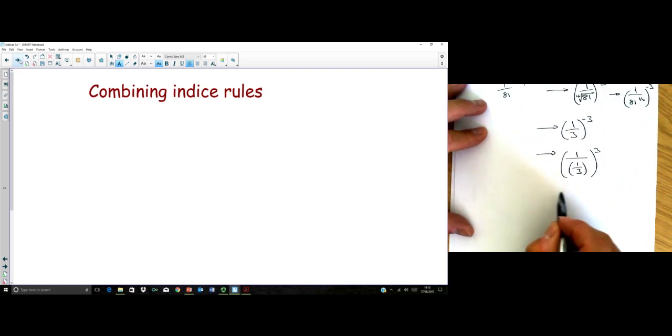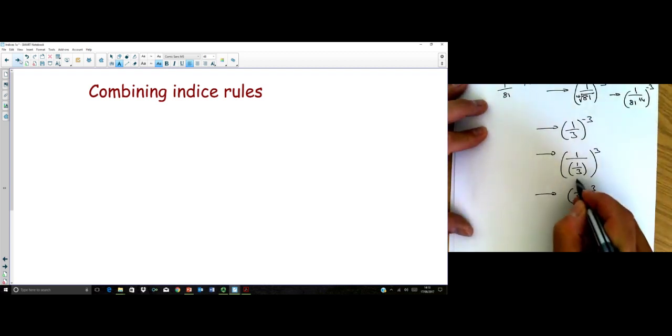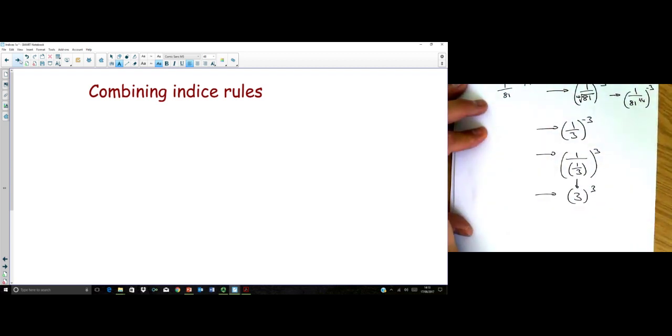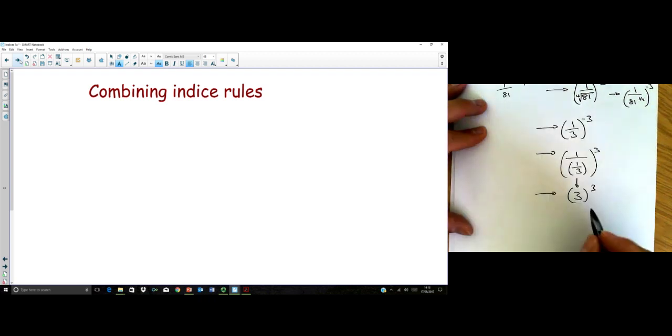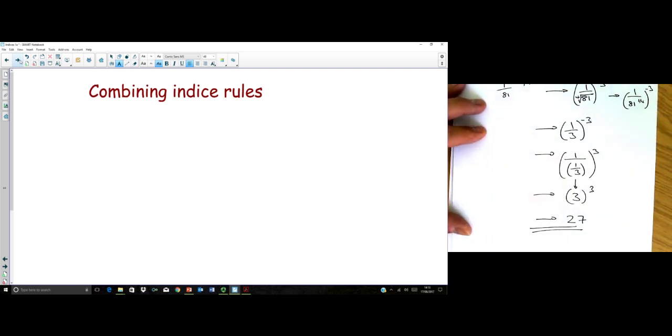So 1 over 1 over 3 is the same as 3 to the power 3. This bit in here has just gone down to there. And that, therefore, ends up as the answer of 27. Done.